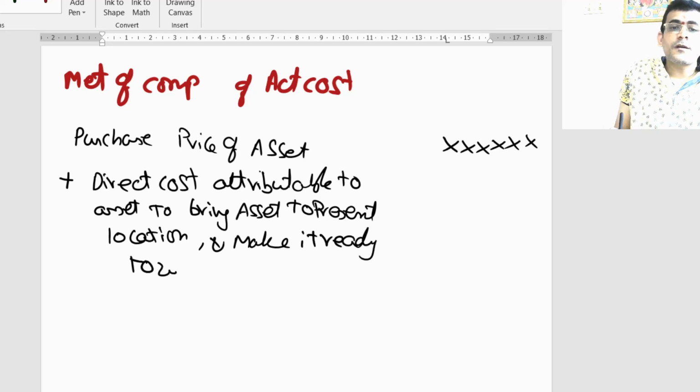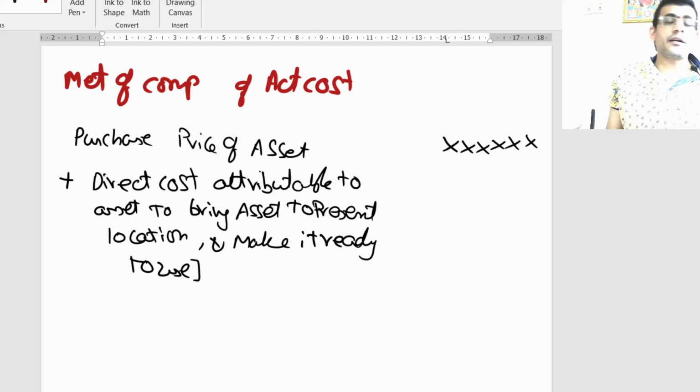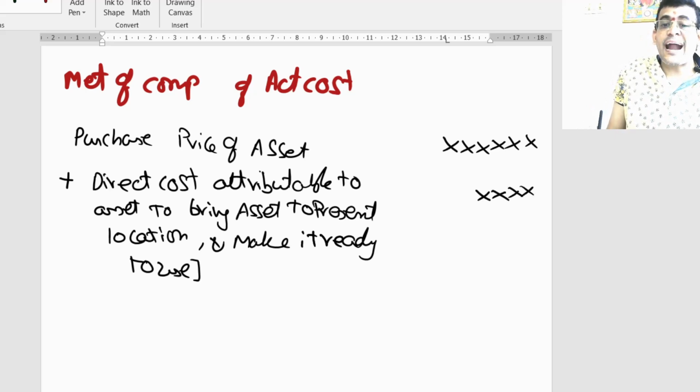Meaning, incurring expenses to bring the asset to the present location, such as freight and insurance. Making it ready to use includes installation expenses, and in some cases training expenses. So these are the expenses which I am supposed to add.